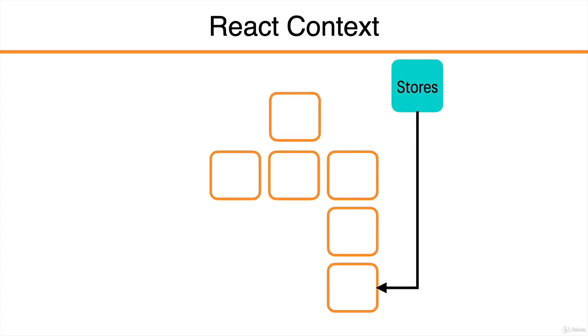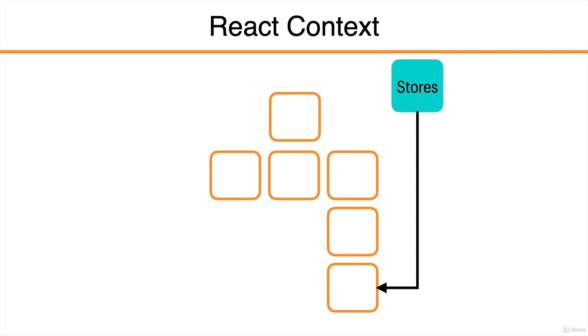But when we introduce React context, each individual component is going to be able to access the MobX store directly, and we're not going to need any middlemen to pass down props to. We're simply going to have a component that's able to access the store directly and get whatever properties or actions or computed properties it needs to render the view of what we see in our user interface.